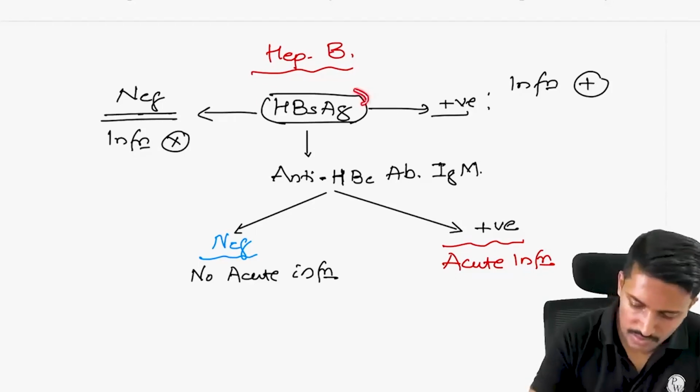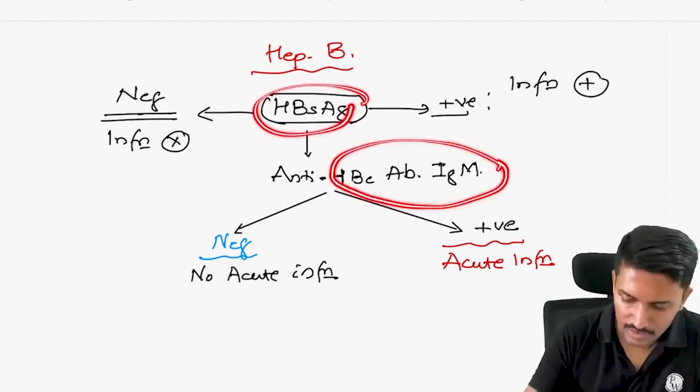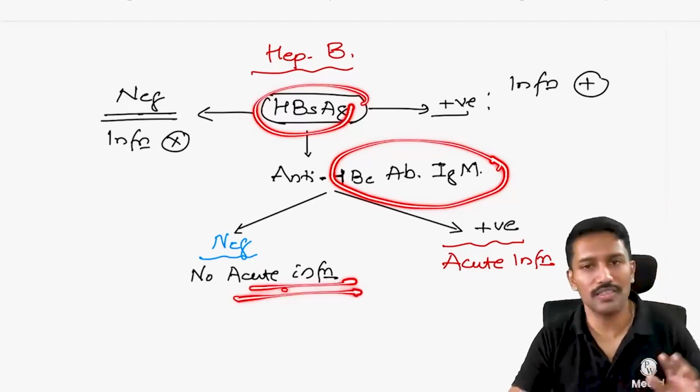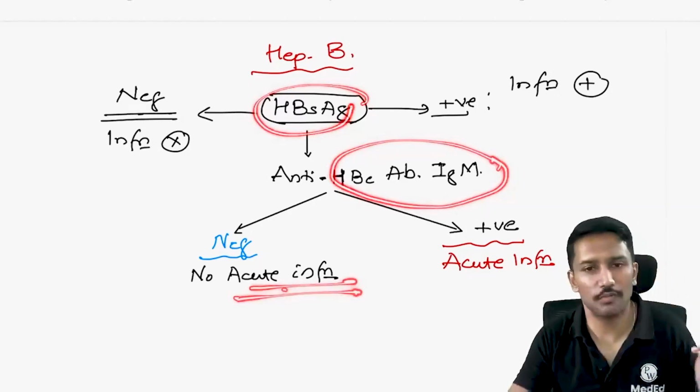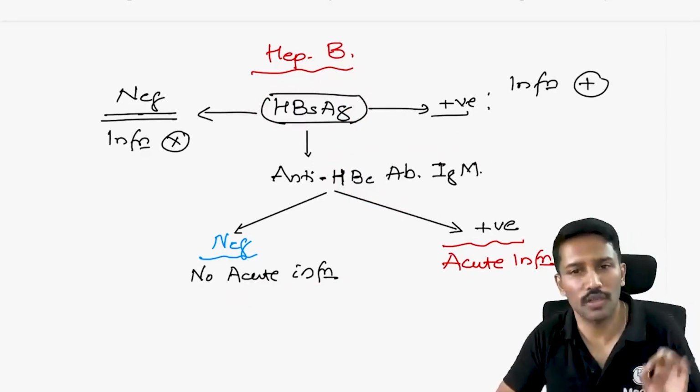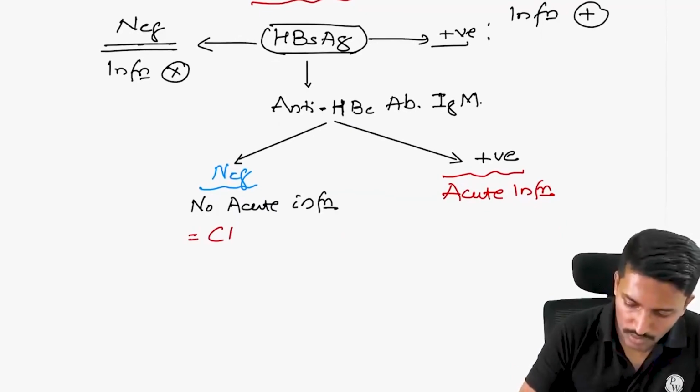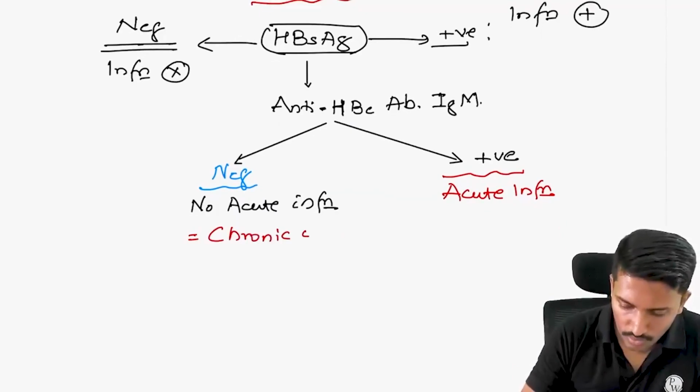Now, if I have HBsAg positive and anti-HBc IgM negative, that means I have infection, but it is not acute. It is long standing or it is persisting for more than a few weeks. It is mostly chronic, so it indicates that I am dealing with a case of chronic hepatitis B infection.